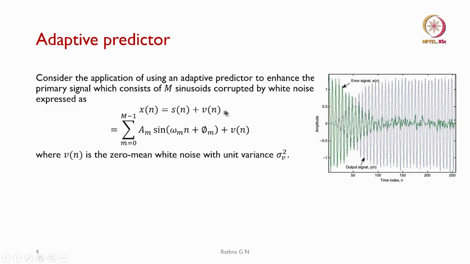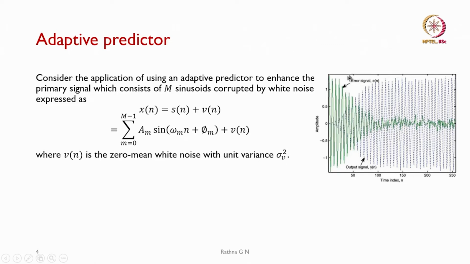The output is the sum from m equal to 0 to capital M minus 1 of A m into sine of omega m n plus phi m, the phase of the signal, plus v of n, where v of n is zero mean white noise with unit variance, assumed as sigma v squared.